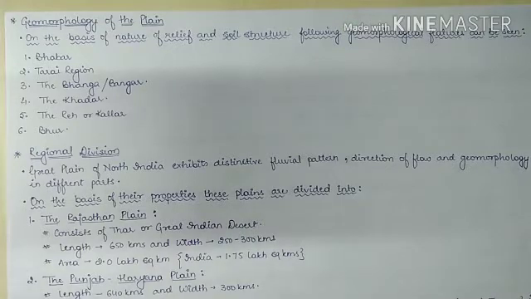But this plain has its own geomorphological varieties, which have their own significance. On the basis of various geomorphological features like nature of relief and soil structure, the Great Plain of India is divided into various parts.